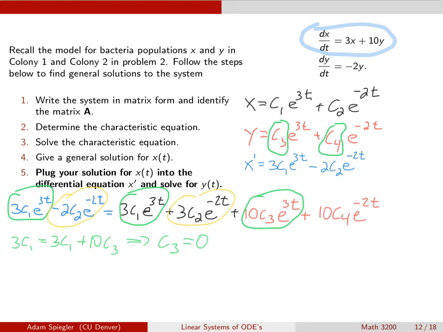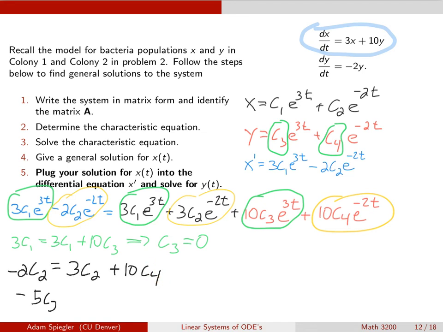And then we can group our e to the minus 2t terms together. On the left side we have a minus 2c2, and on the right side we have 3c2 plus 10c4. Now the goal was to solve for c4.